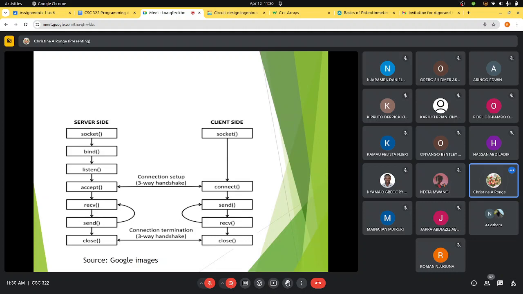Yeah, they have nothing to do with connection. By the time you start using send and receive, you are in the data transfer phase. So this is the connection establishment phase, data transfer phase, and termination phase. Those are the three phases we said that any communication goes through.